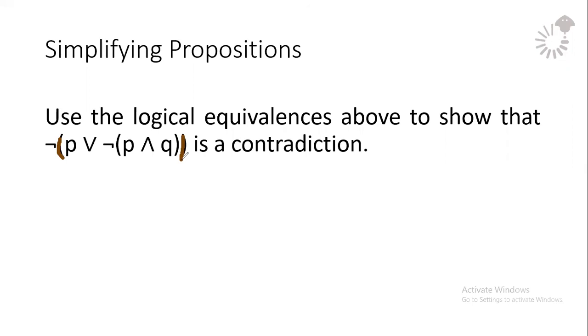The important logical equivalences are on one page. De Morgan's law, ma'am. De Morgan's law. So when there is a negative, you can check double negation and De Morgan's law. And this is not double negation, right? So we can apply De Morgan's law.